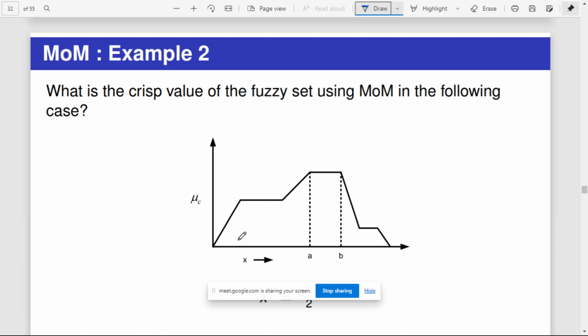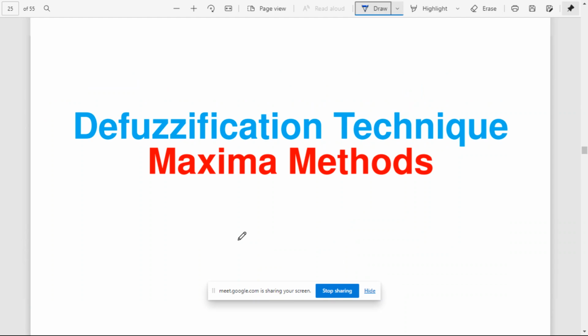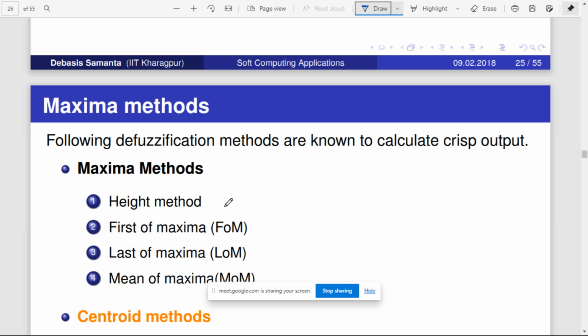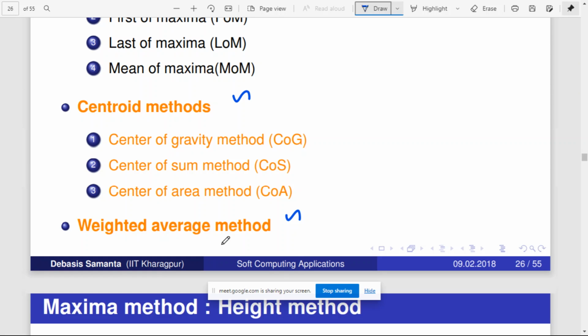These are the techniques we have: maxima method, centroid method, and weighted average method. Under the maxima method we have four types, under centroid three, and weighted average one. So first we will be discussing the maxima method.